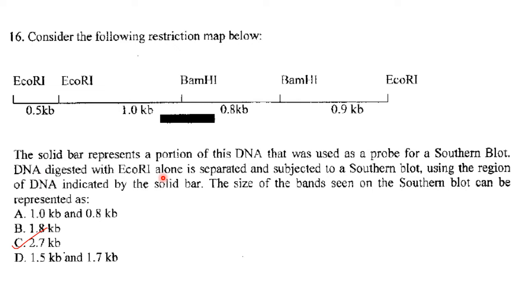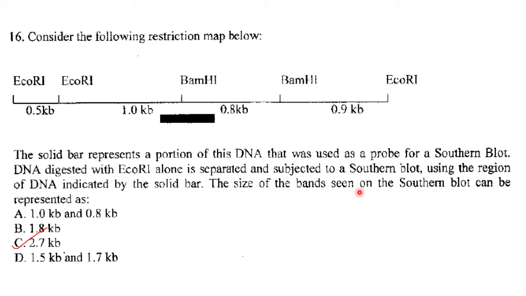DNA digested with EcoR1 alone is separated and subjected to a Southern blot using the region of DNA indicated by the solid bar. So with EcoR1 digestion, this region will be lost, as well as here, and if there is an extension of this DNA over here, that region also will be lost, and only this particular region will be remaining. So the probe will bind over there.